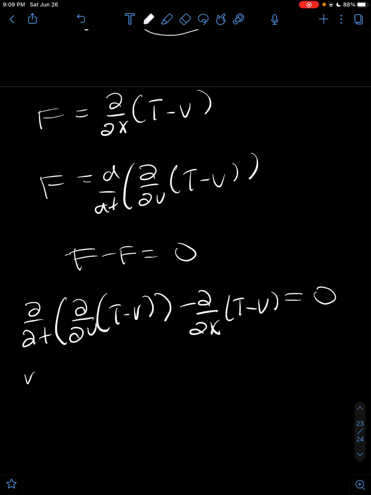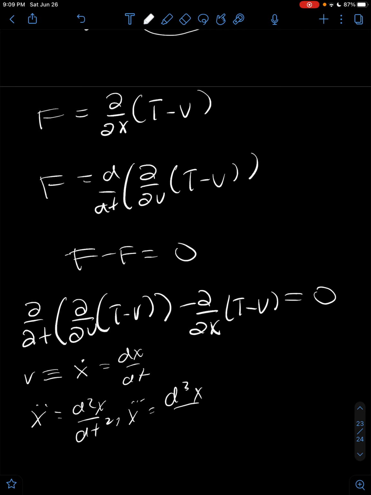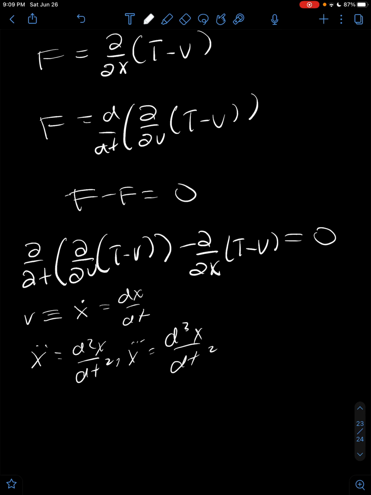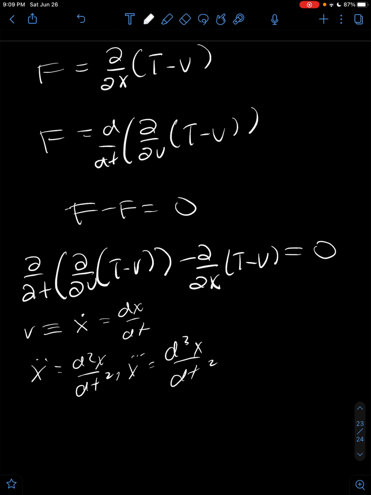For a shorthand term, let's define v as x dot, where that's just dx over dt, so x double dot is just the second derivative of x with respect to time. X triple dot is the third derivative of x with respect to time, a jerk, I think, and so on, right?